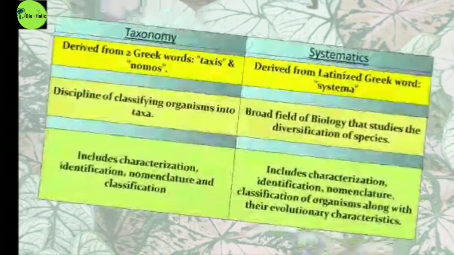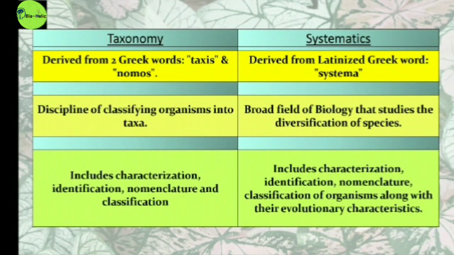Now finally, we come to the differences between taxonomy and systematics. So taxonomy is derived from two Greek words, taxis and nomos, whereas systematics is derived from the Latinized Greek word systema. Taxonomy is the discipline of classifying living organisms into taxa, while systematics is the broad field of biology that studies the diversification of species.